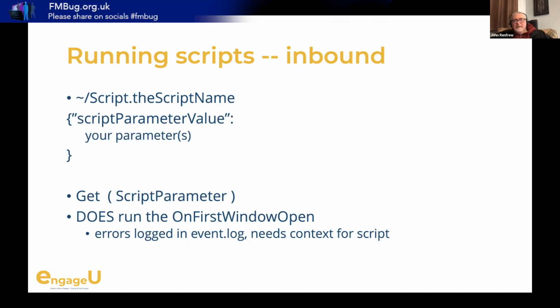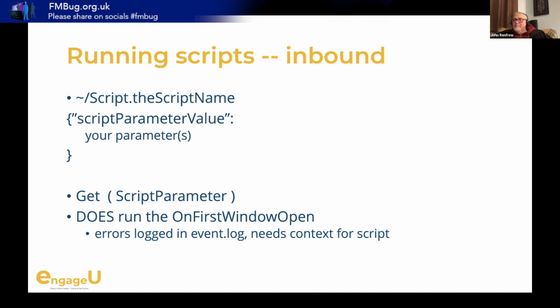On doing this, I have absolutely discovered that when you run a script using OData, it does run the On First Window Open script. So if you're in the habit of testing for whether this is running on a server by server version, then you also need to test whether the account privilege set that you're running it with has OData turned on, and preferably don't run the On First Window Open script unless you really want to.